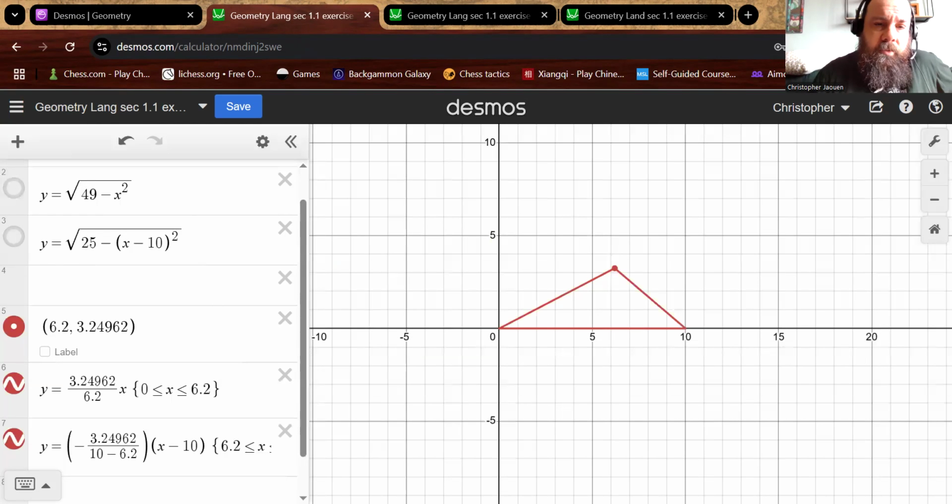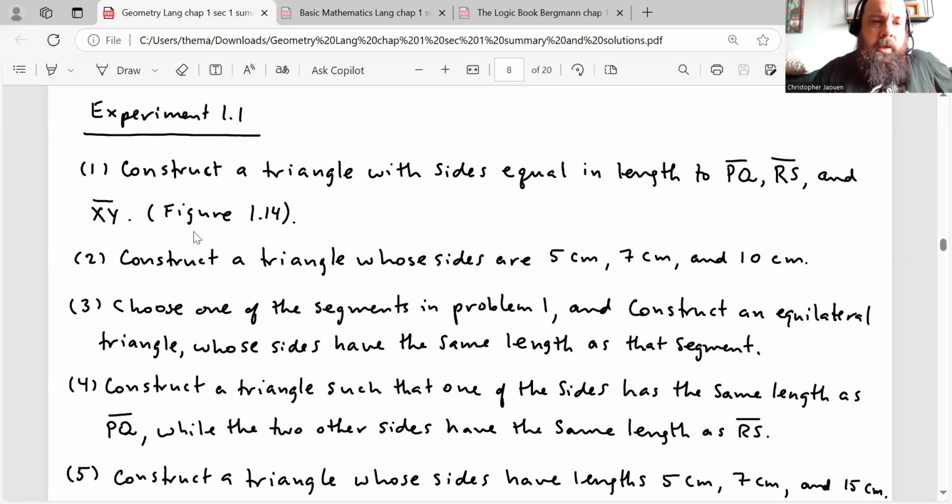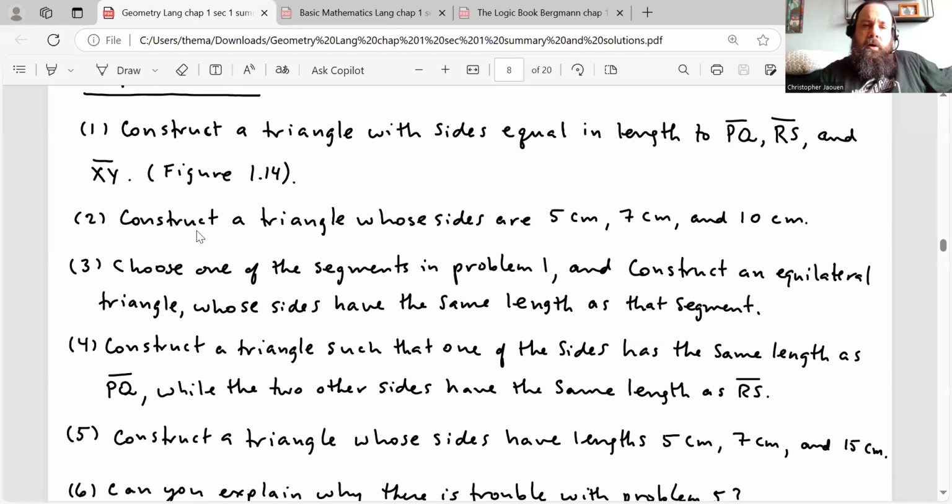Let's see what question three wants us to do. All right, for question three, choose one of the segments in problem one and construct an equilateral triangle whose sides have the same length as that segment. All right, I could do that back on the construction part of Desmos.